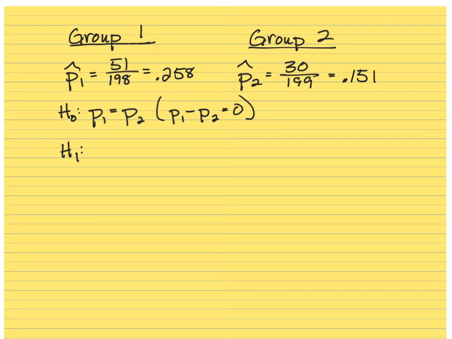But what we'll always try to do is set it up so that we have the one being greater than the other, and we can always write it that way. So we think that group 1 works better, quit smoking at a higher percent than group 2. And of course that is the same as saying P1 minus P2 is greater than 0. So that's going to be our null and alternative hypothesis.